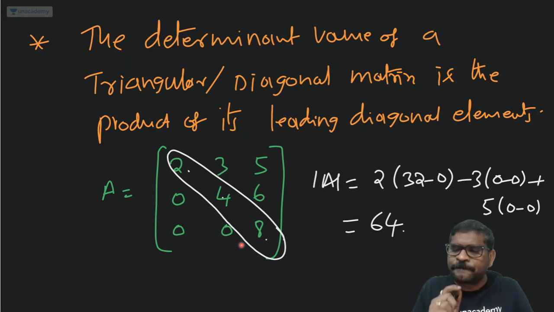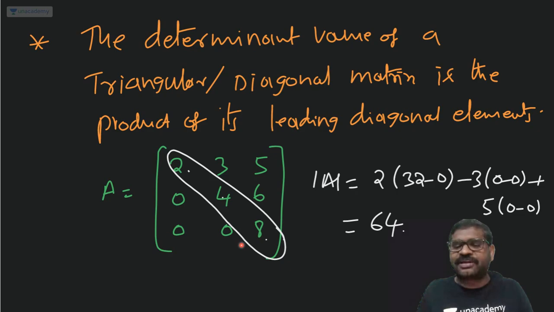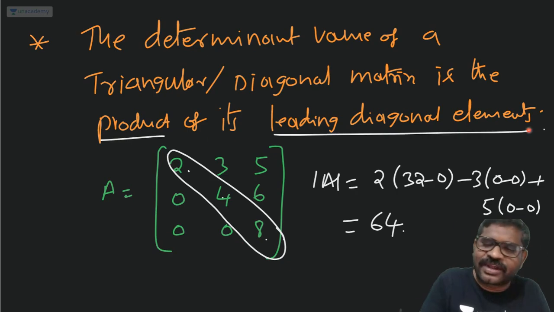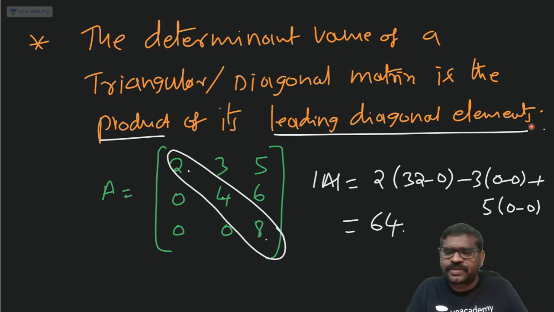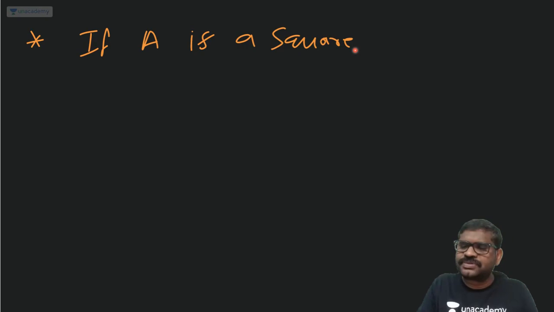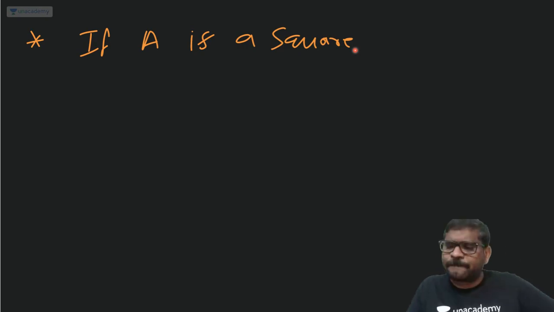Okay? Trace is the sum of leading diagonal elements. I am not talking about trace. Here I have mentioned clearly the product of leading diagonal elements.